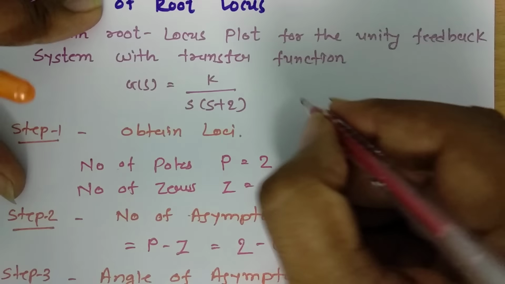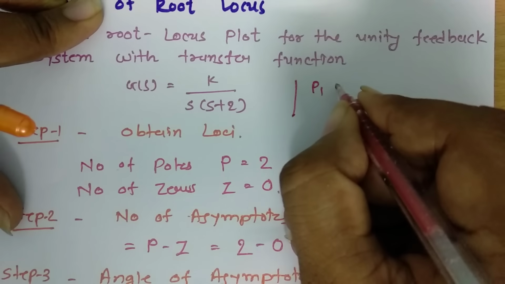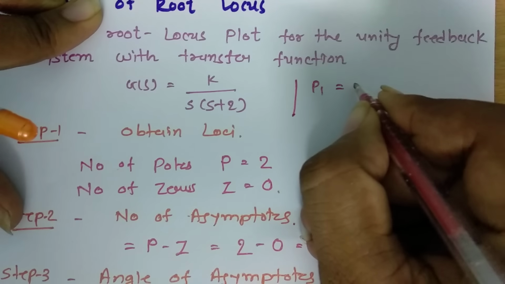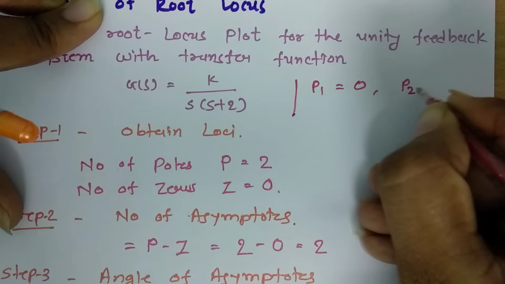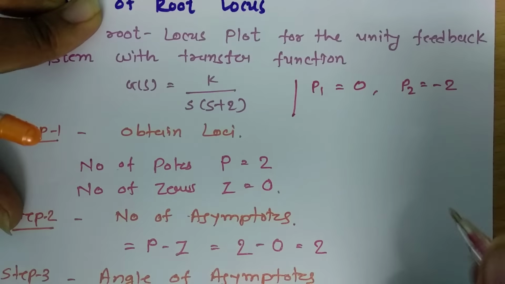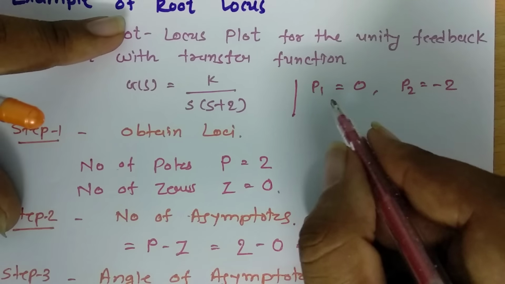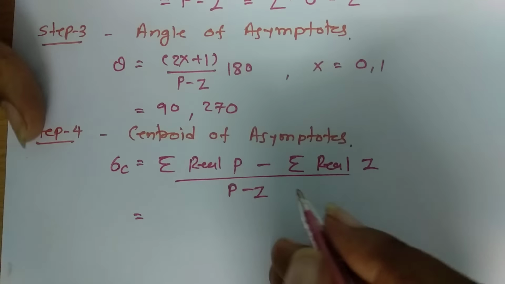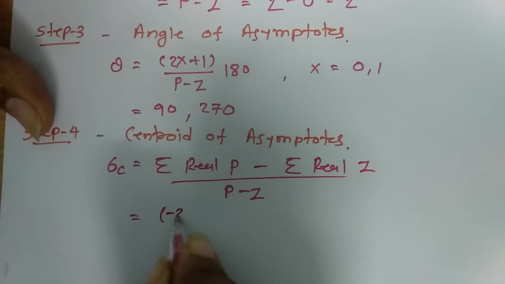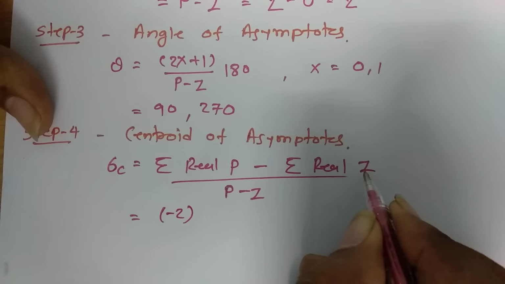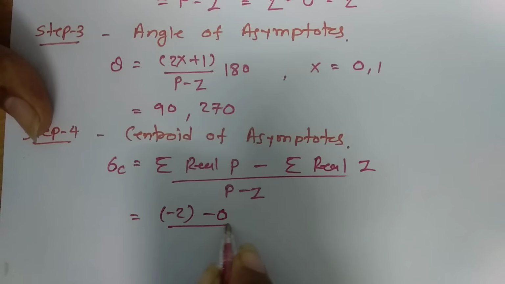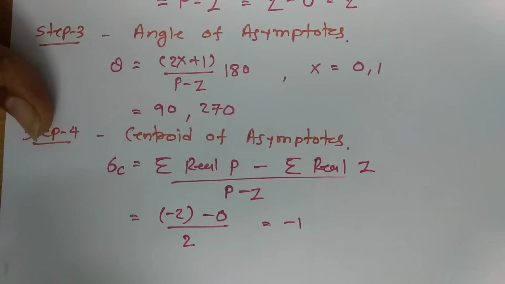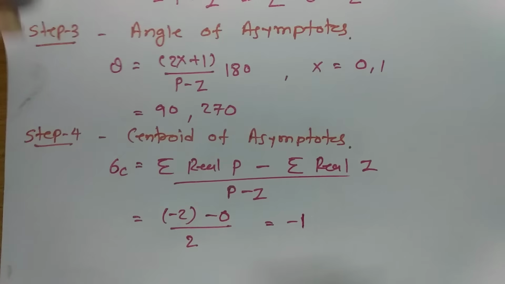Here we have the first pole at 0 and the second pole at minus 2, and there is no zero. So the summation of real parts of poles is 0 plus minus 2, so this is minus 2, and the summation of real parts of zeros is 0, divided by poles minus zeros, that is 2. So this will be minus 1. So the centroid of asymptotes is minus 1.